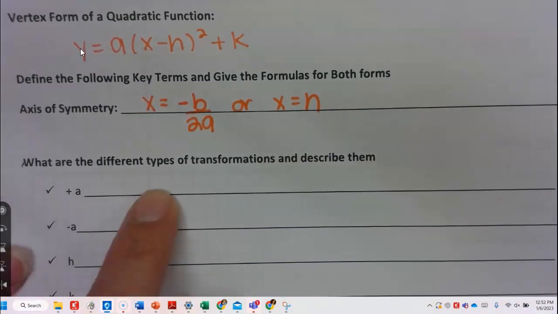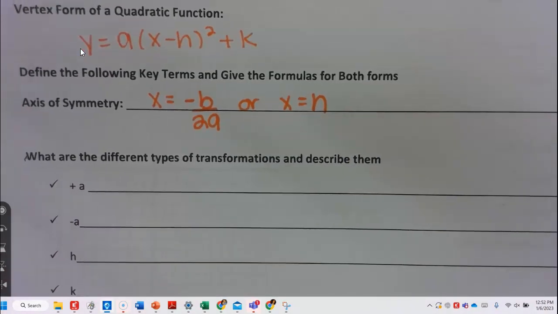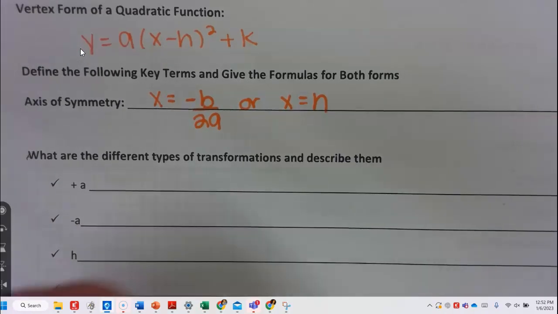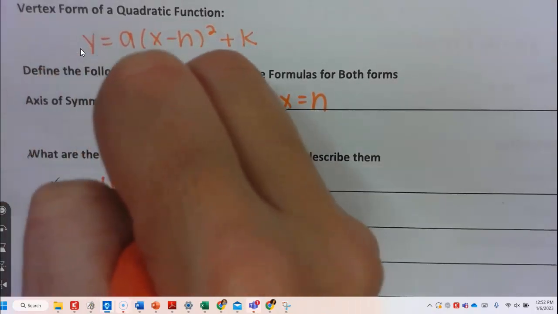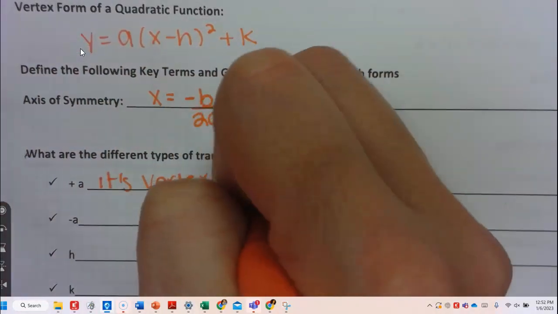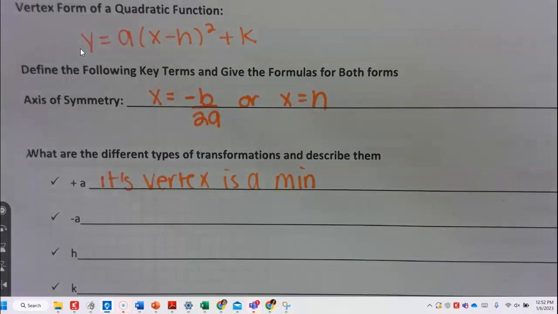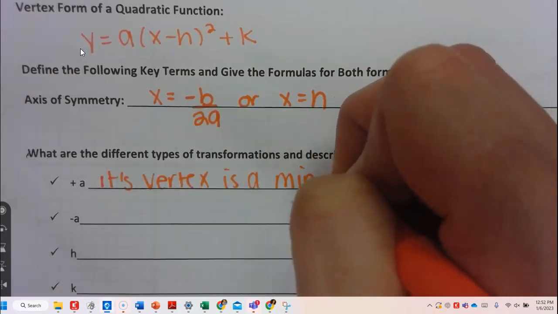If the a value is positive, then your graph is going to open up. That also means that your graph is going to have its vertex as a min. So its vertex is a min, and it is concave up.